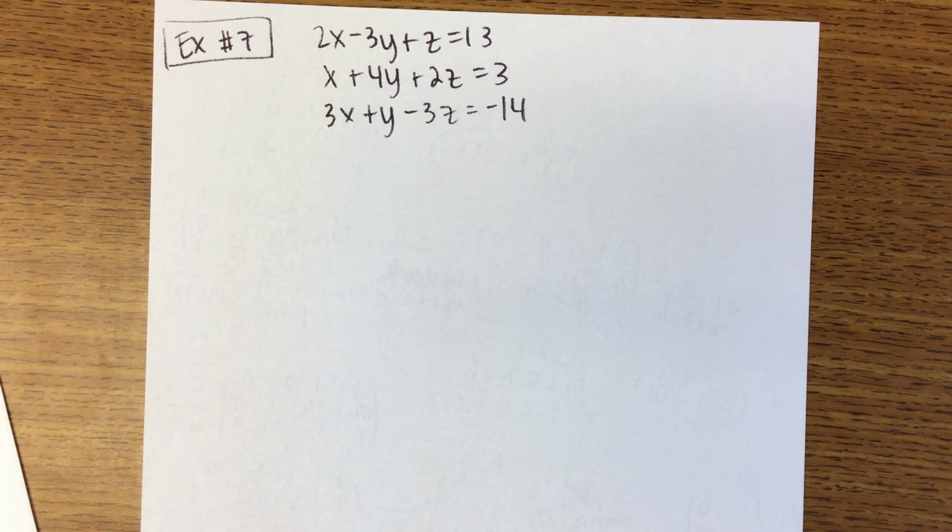So let's do 1 over 11 times R2. Right? Yeah. It would be negative 1 over 11. Yeah.